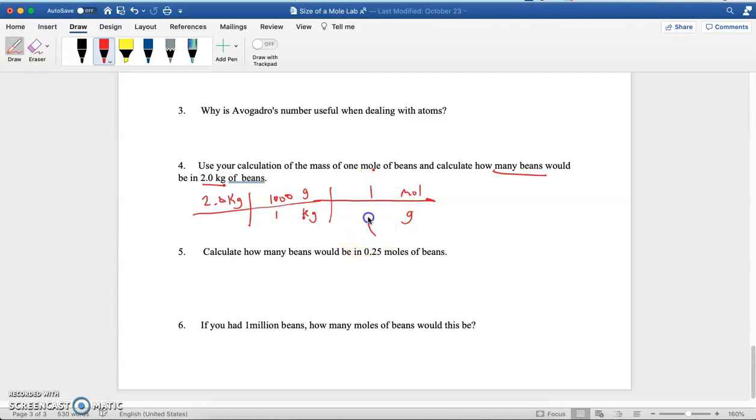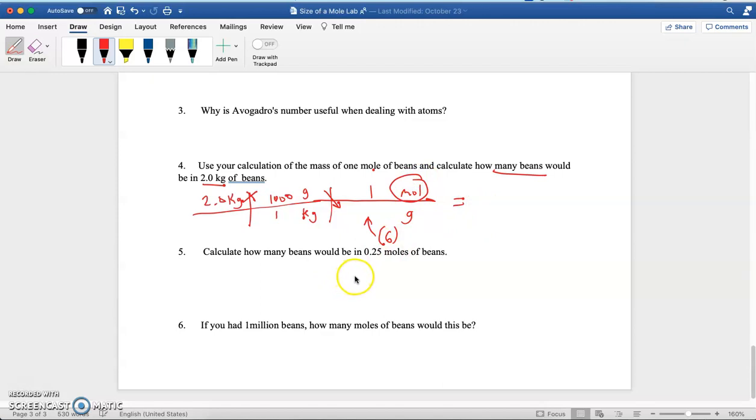Well, that depends on your answer. That is your answer to number 6, the molar mass of your beans. How many grams are 1 mole of beans worth? So you put your answer in number 6. Now you take 2 kilograms times 1,000, and then you divide by that answer. That will be your answer in moles.